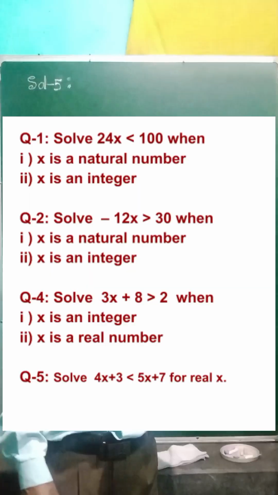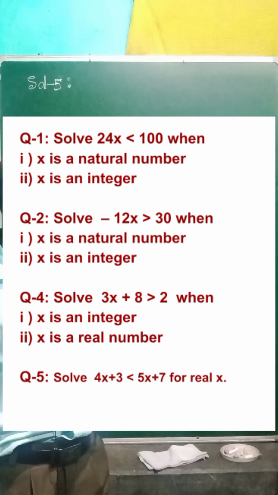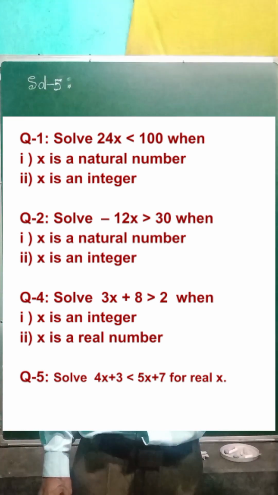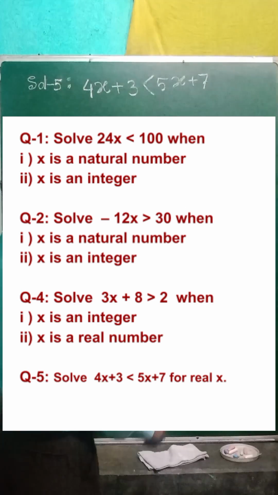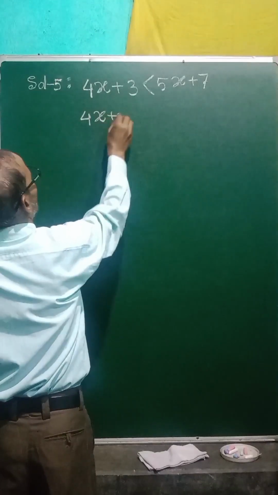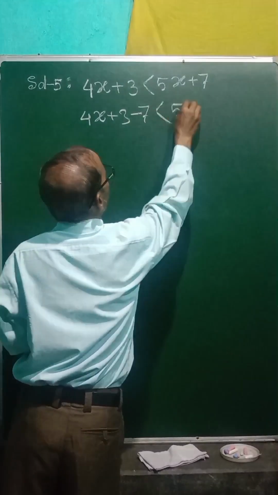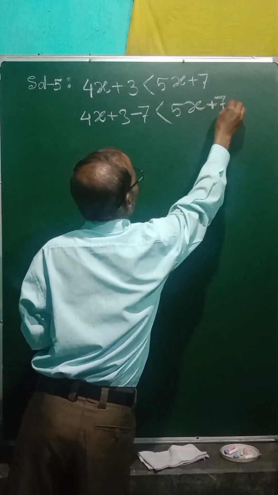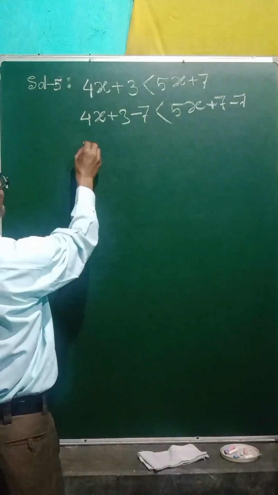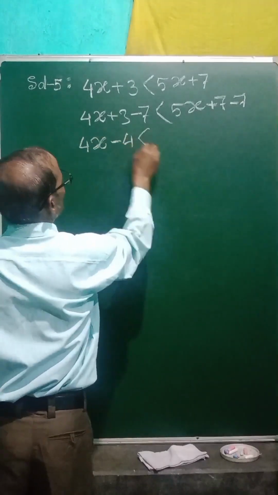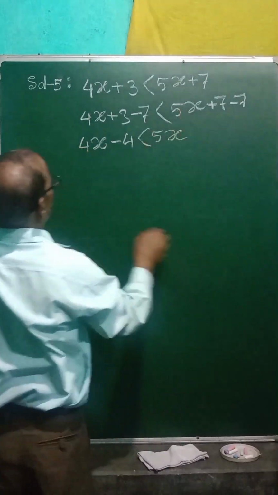Question 5. Solve 4x plus 3 less than 5x plus 7 for real x. 4x plus 3, adding minus 7 on both sides, 5x plus 7 minus 7. So here 4x minus 4 less than 5x.